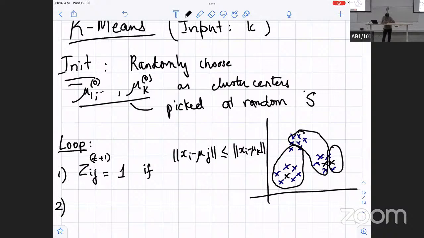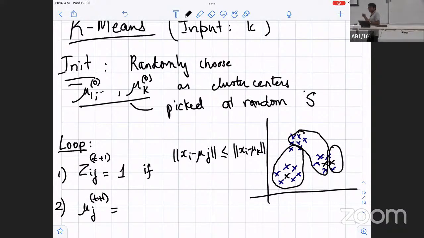Then step 2: I will look at mu j of t plus 1. Here t represents how many times you are running the algorithm. Initially I started with mu 0, where I have arbitrarily chosen a few points as the cluster centers. Next time when I go to the loop, it will become mu 1. Then when it loops again, it will become mu 2.